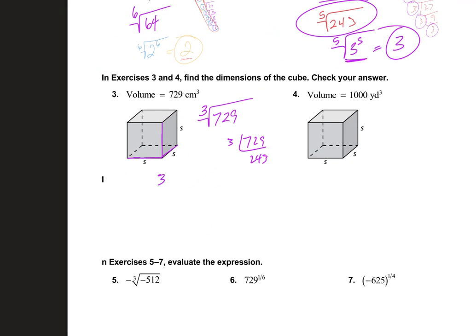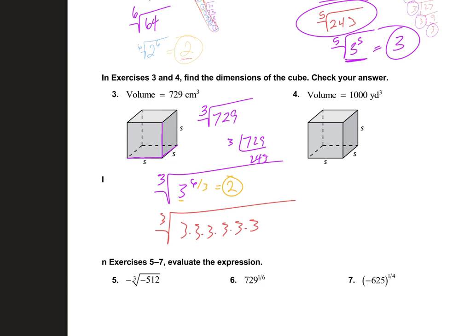So it's 3, and then I'm going to write it like this. And I'm going to also write it like this, just because maybe it will help some of your brains to see it a little bit better. I could just divide that by 3 and get 2. So that means I would have 2 groups of 3, and so that's 9.